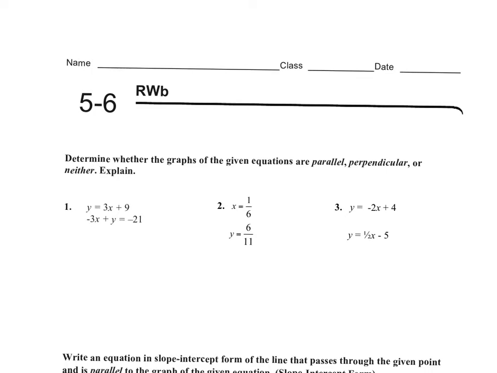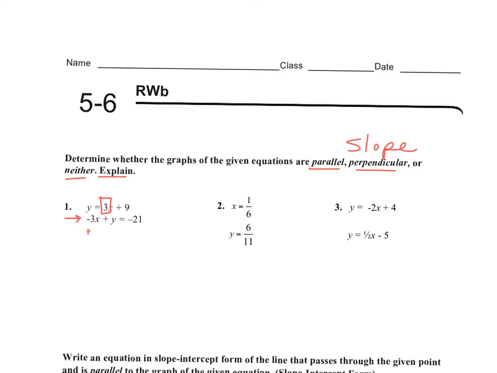These first ones, it says determine whether the graphs are parallel, perpendicular, or neither, and then explain why. The way we tell is based on slope. If you look at that first equation, your slope is 3. Remember, it's not 3x, it's just 3. But then this second equation, you need to solve for y to get it in the right form.